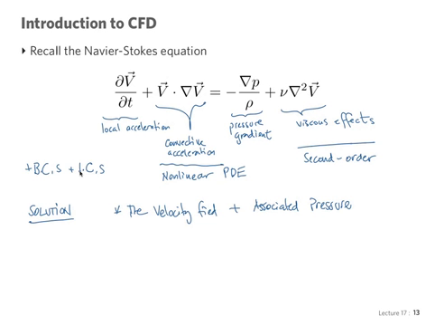So this is the motivation of why CFD is needed. Remember that we have in general no analytical solution in terms of velocity and pressure that are applicable to the Navier-Stokes.